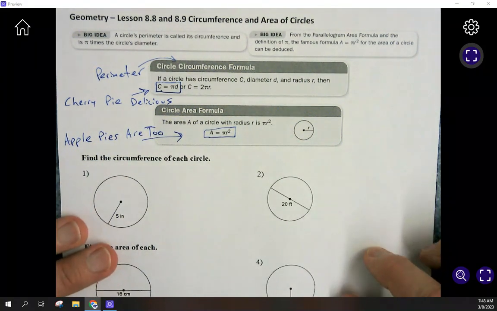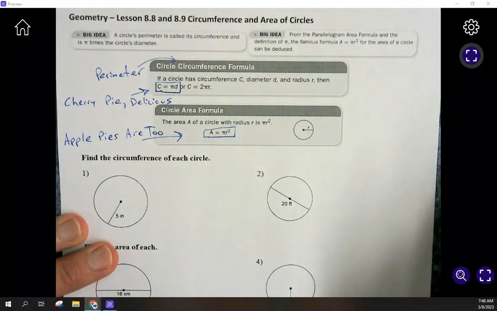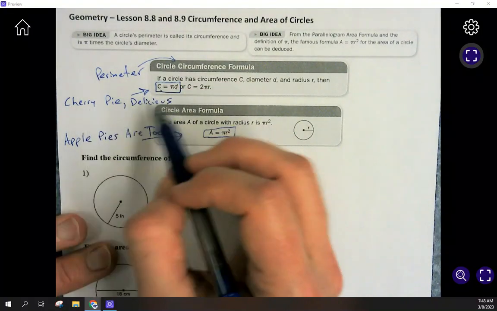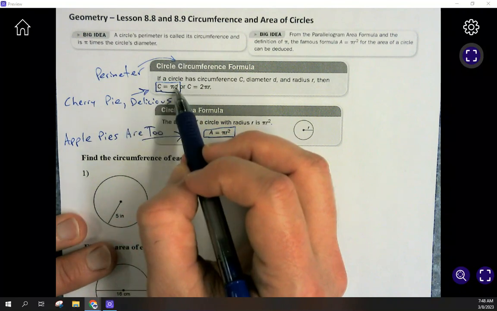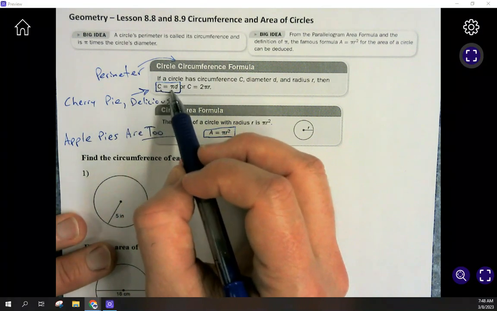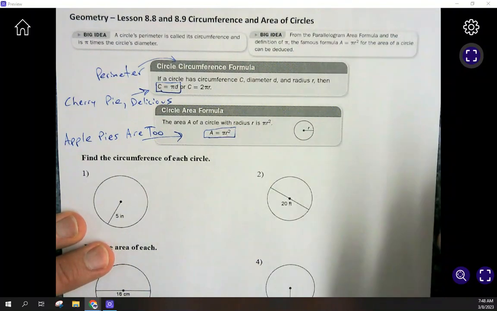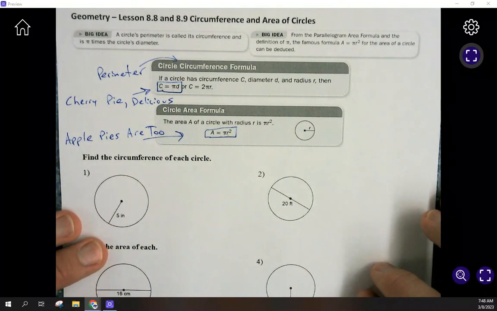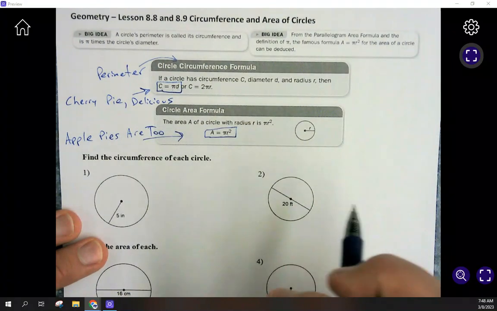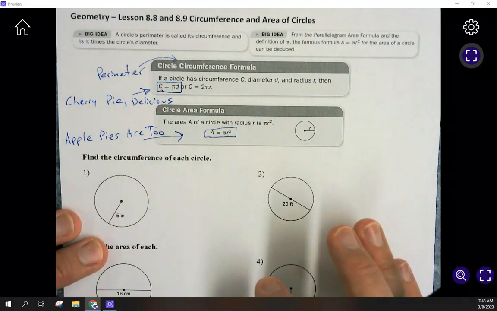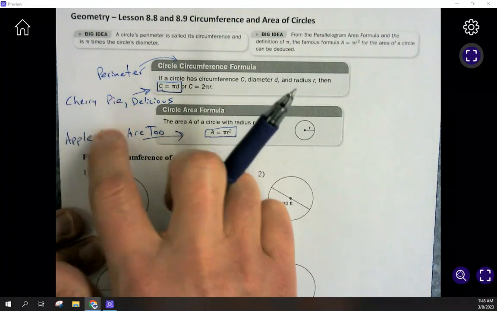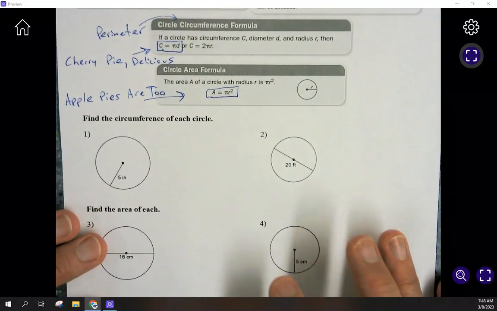So cherry pies, delicious, apple pies are 2. So C is your cherry, and then pie, and then the diameter D is delicious. Cherry pie is delicious, apple pies are 2. So I've always remembered that. You obviously can use your notes, but it gets a little faster if you can always remember which one of those is which. So if that helps you, use it. If not, that's fine too.